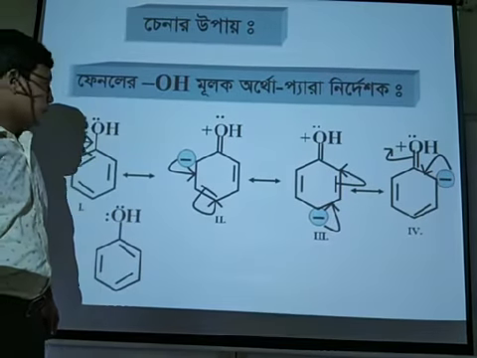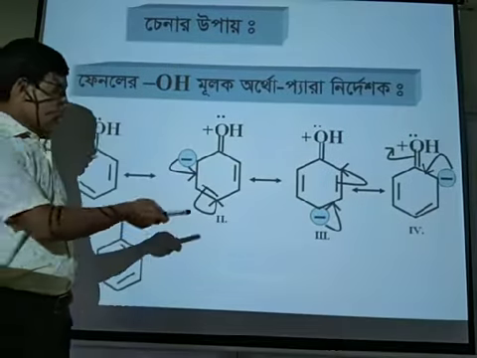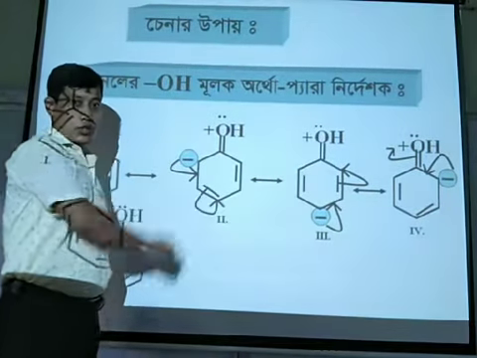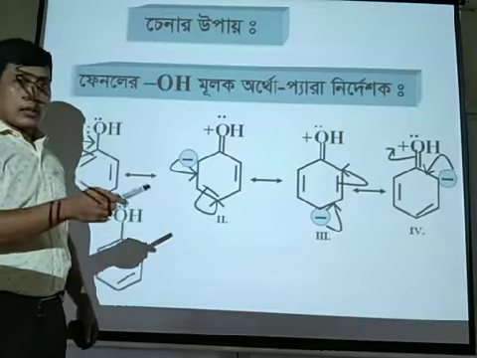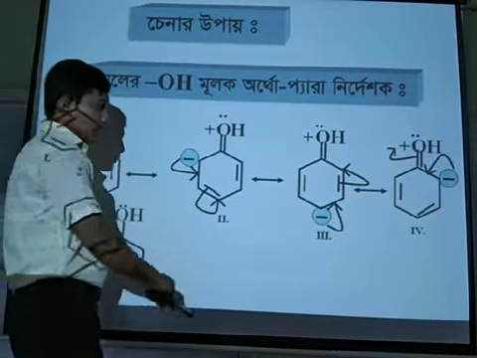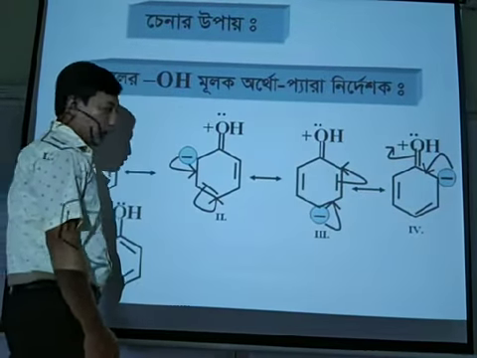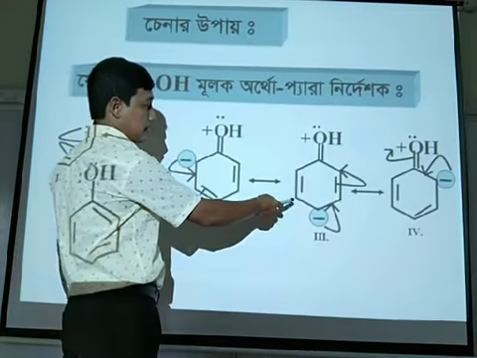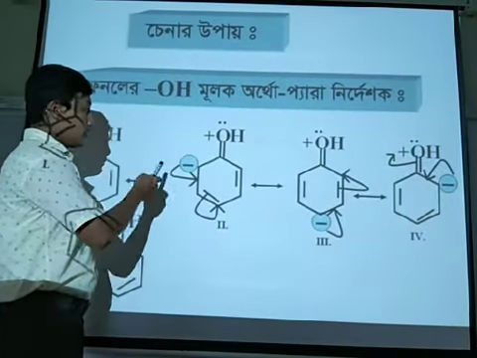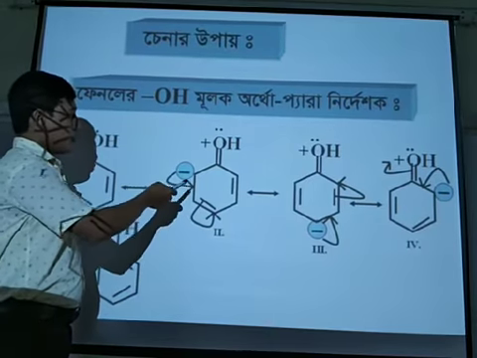For this reason, the next electrophile will attach to this position, because an electrophile goes to the position where it will get electrons. As these positions have increased electron density, the next electrophile comes to these positions, and for this reason these are known as ortho-para indicator groups.